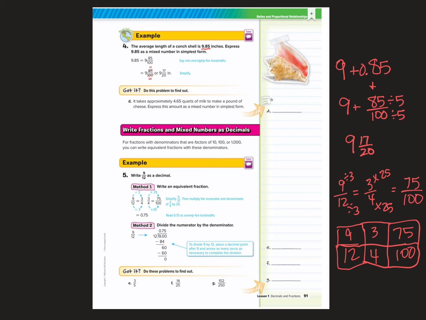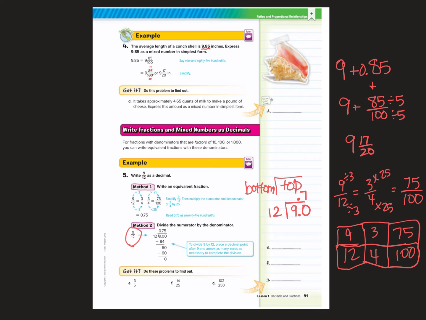Another method, if I'm going from fraction to decimal, is to divide the top by the bottom. The top, which is your numerator, divided by the bottom. So I would do 9 divided by 12. 12 does not go into 9, so I add my decimal in my house and on top of my house, put my 0 there.